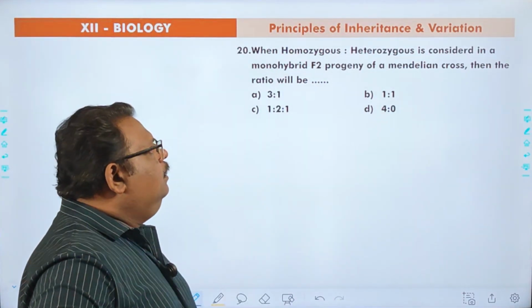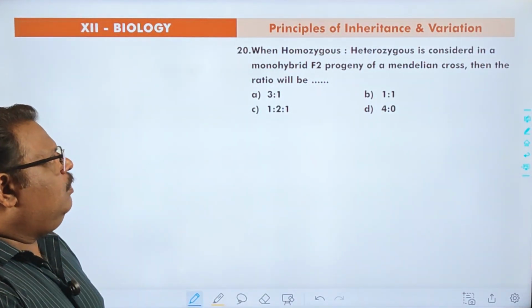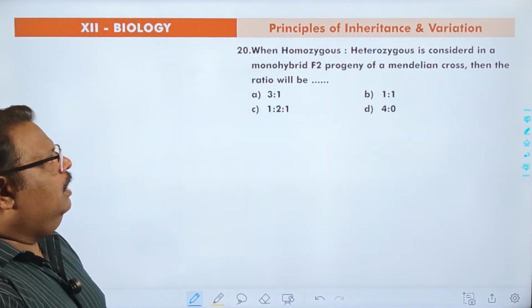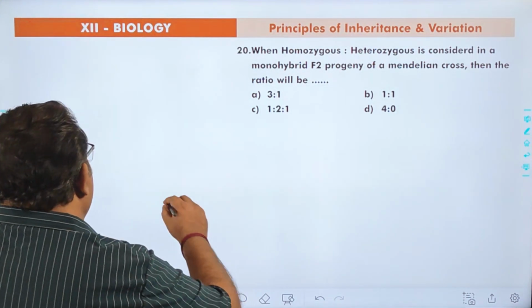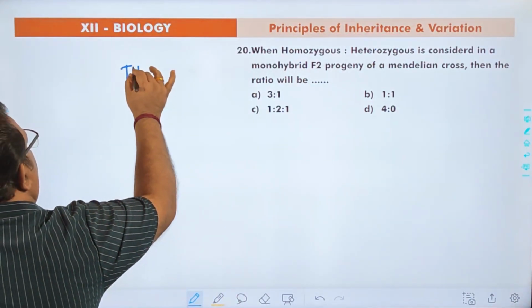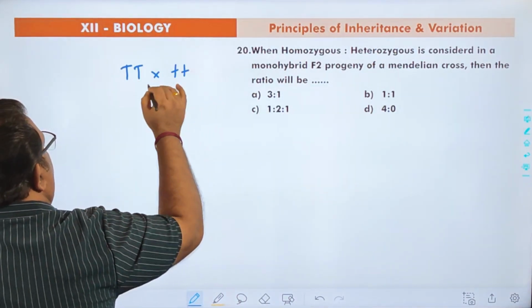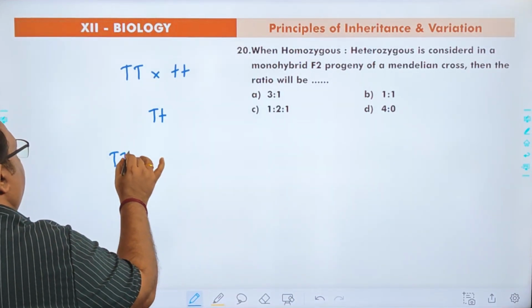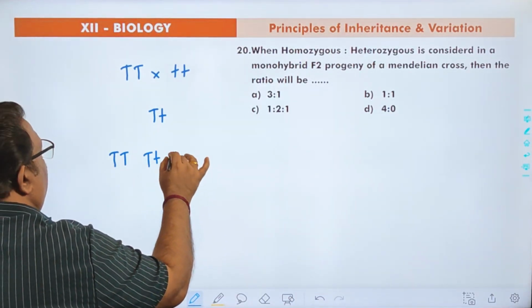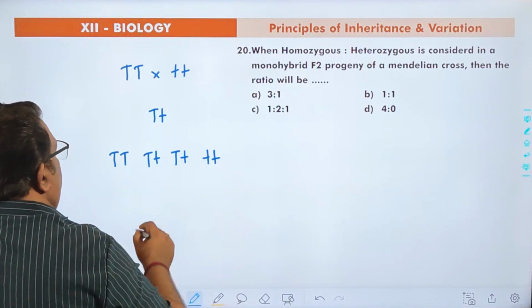Next one. The ratio of homozygous to heterozygous is considered in a monohybrid F2 progeny of a Mendelian cross. For example, capital T is crossed with small t, the F1 will be capital T small t, and F2 will be capital T capital T, capital T small t, capital T small t, small t small t.